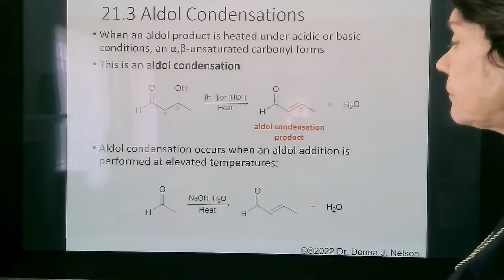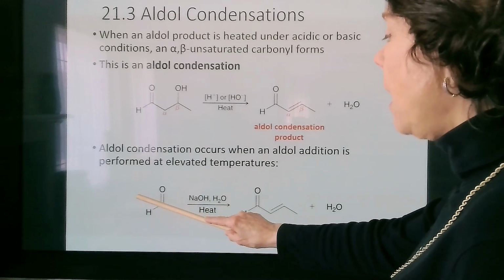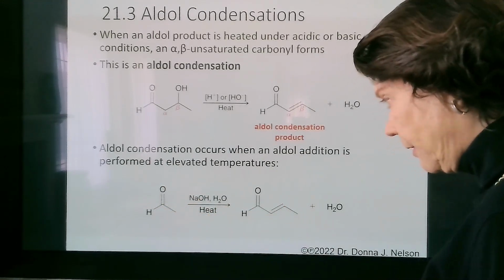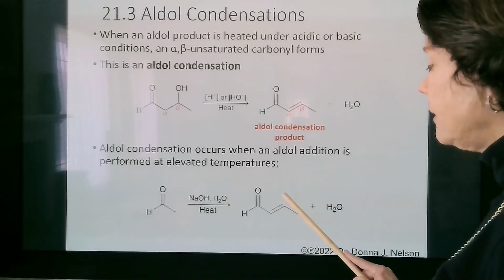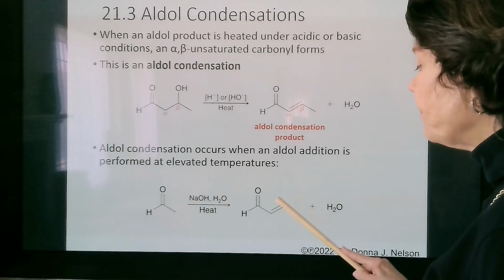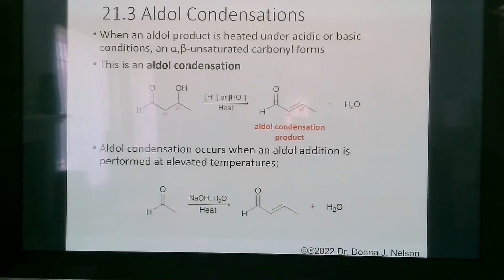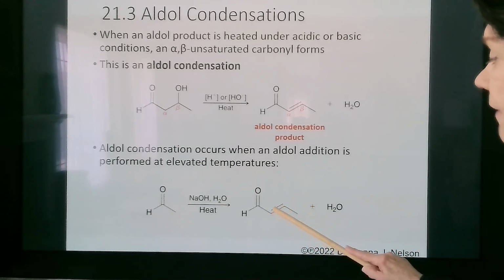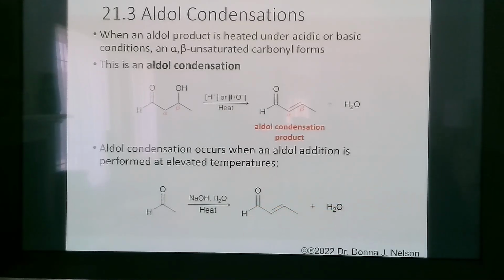Okay, so you've got the aldehyde. You'll have two molecules of this react. So a molecule of this will react with itself, another molecule of itself, to give you the aldol product, and then you'll lose water across the aldol addition product to give you the aldol condensation. So this is an alpha-beta unsaturated carbonyl.